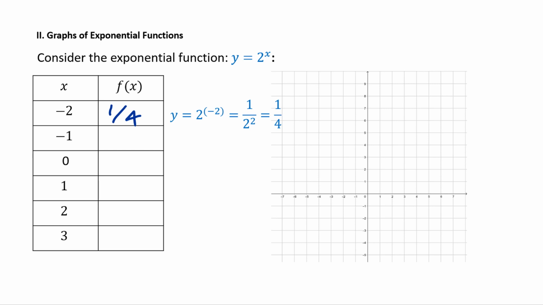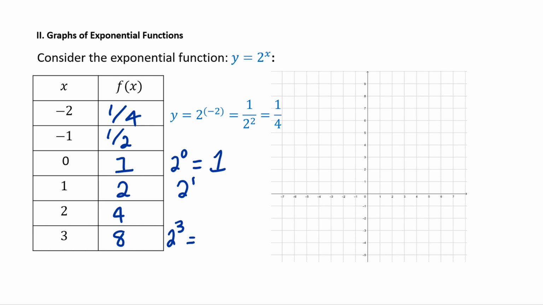That means we're going to take the reciprocal of the 2, so it would be 1/2. Now we will look at 2 to the 0, and an exponent power of 0 tells us we're going to get 1, so you get an ordered pair, 0, 1. Let's do 2 to the 1. That's just going to be 2. 2 squared is 4, and 2 cubed is 2 times 2 times 2, which is 8.